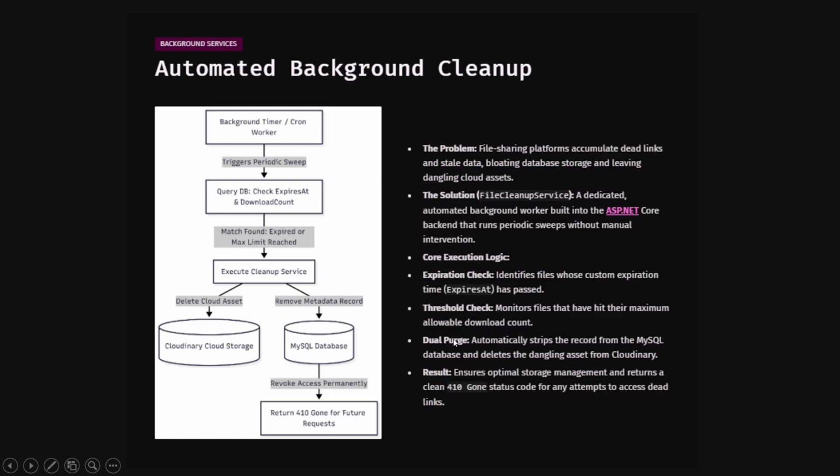It automatically strips the record from the PostgreSQL database and then deletes the asset from the cloud. The result ensures optimal storage management and returns a clean 410 Gone status for any attempt to use the shareable link for the deleted file again.